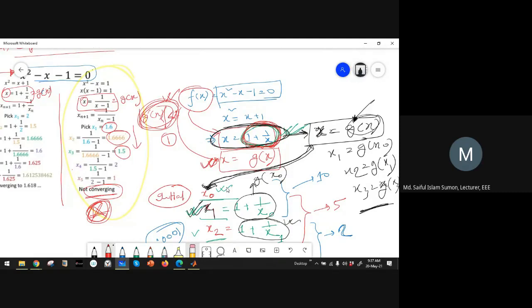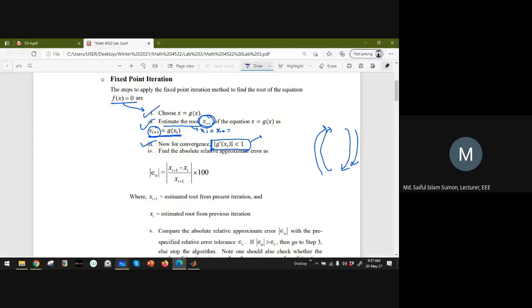That means it was decreasing, but at one stage it increased, then decreased again. It will simply increase and decrease, and ultimately it's not going to converge or give me the solution. That's why it's important to see whether the condition is being fulfilled or not.